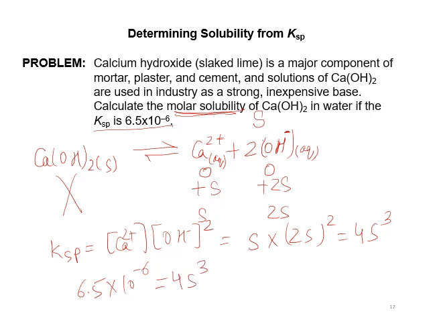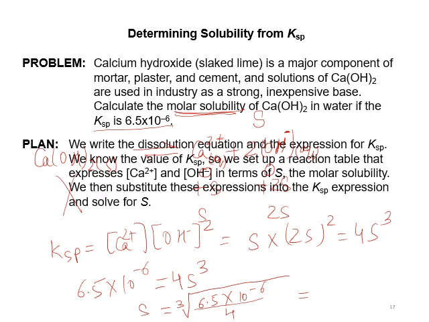So what is S going to be? I'll divide both sides by 4 and take the cube root of both sides. That would give me capital S. So in this case, S is going to be the cube root of 6.5 times 10 raised to the power minus 6 divided by 4, which will give you a final number, which we can check in our solution right here.